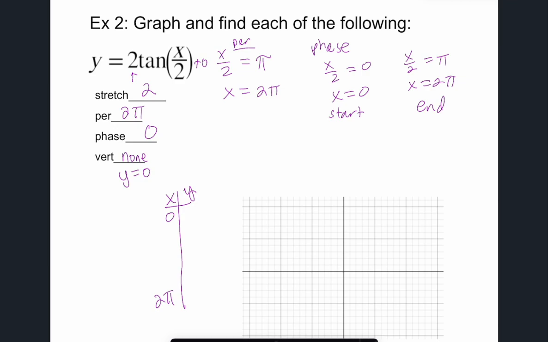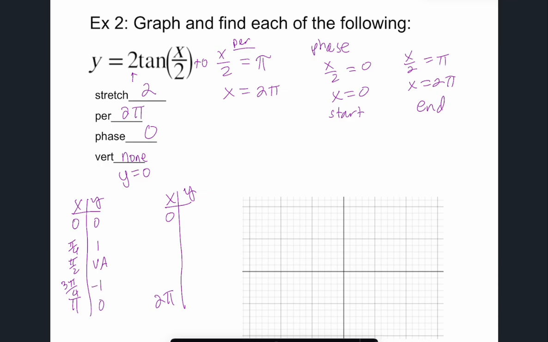Okay, so let's write down what we know about the tangent. Tangent normally starts at 0 and ends at pi. So we have the pi over 4 show up. And it goes 0, 1, vertical asymptote, negative 1, 0.